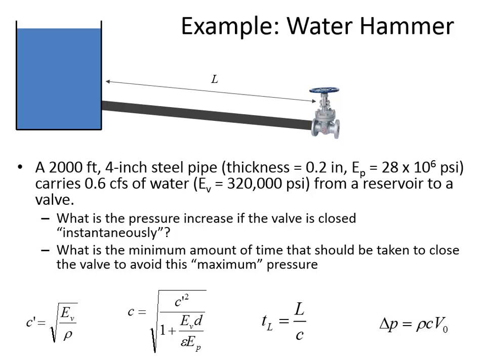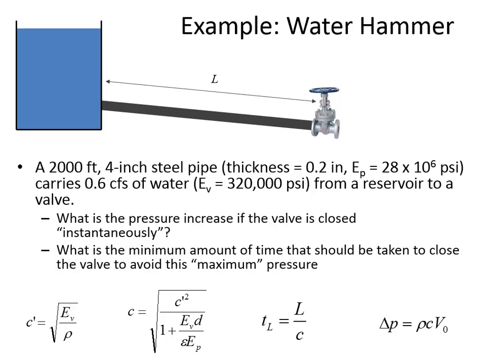All right. And all of that is in the square root. So we do the calculations and get that it's 4397 feet per second through the pipe. That's how quickly the shock wave moves through this particular pipe.